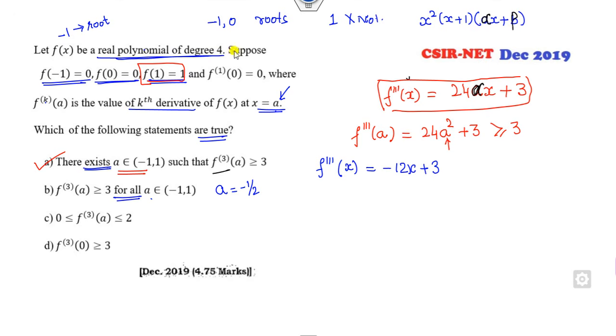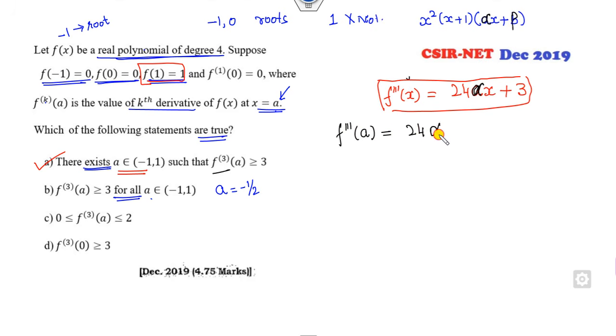Fine. So again I have to relook at the first example. First case is the third derivative at the point a. So it is 24 alpha a plus 3. So there exists a. Can you say a is 0? There exists a so that f triple dash of a is greater than or equal to 3.